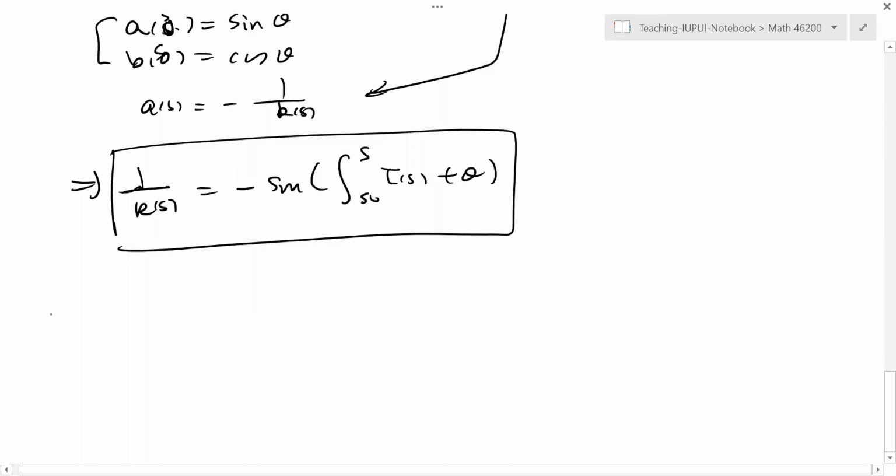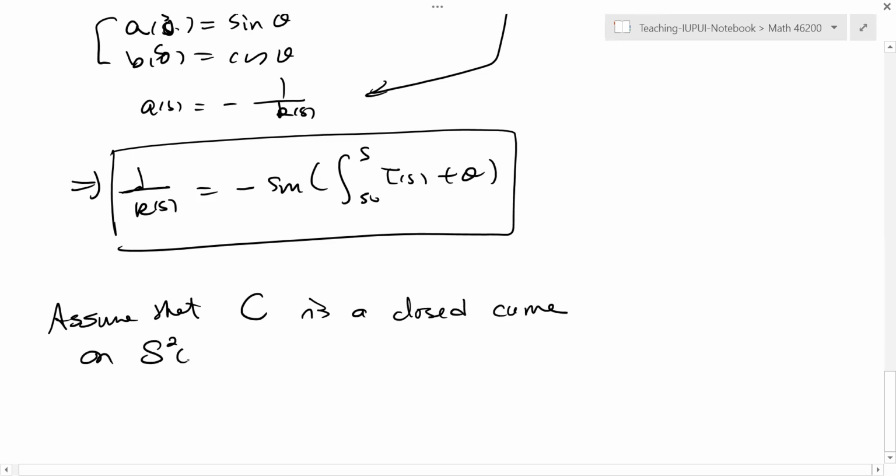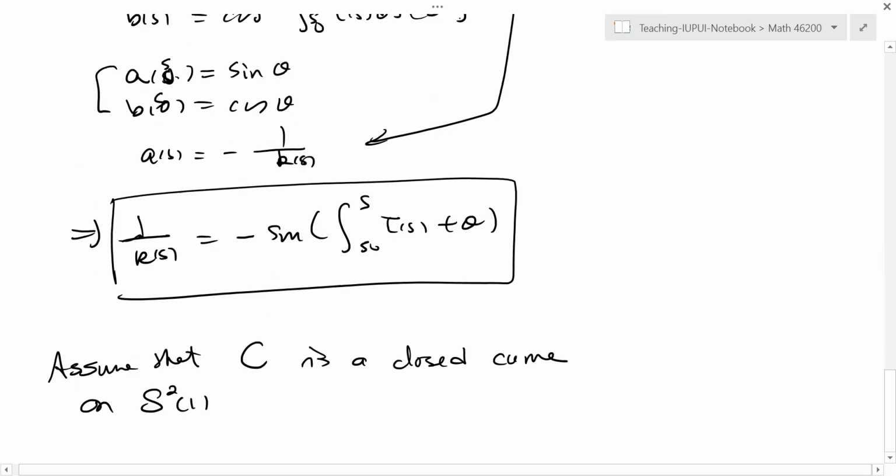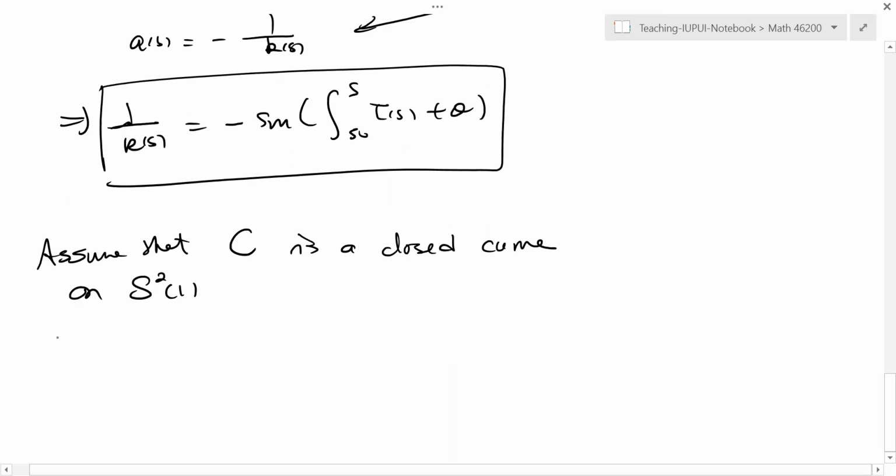Now what do we assume? Because we're focused on derivative properties, assume that C is a closed curve on the sphere. Okay, if it's a closed curve, then we assume that this is parameterized by a periodic function, from negative infinity to positive infinity to R, such that gamma(s) equals gamma(s plus T).